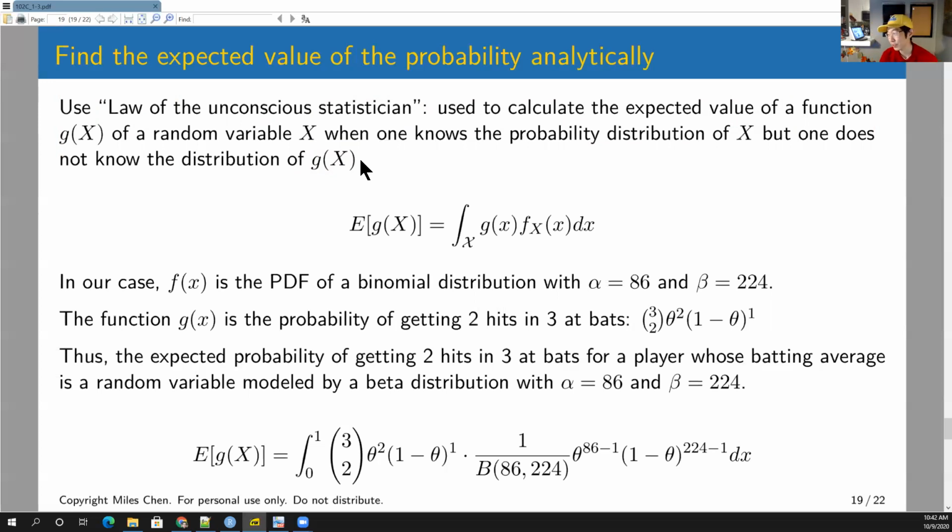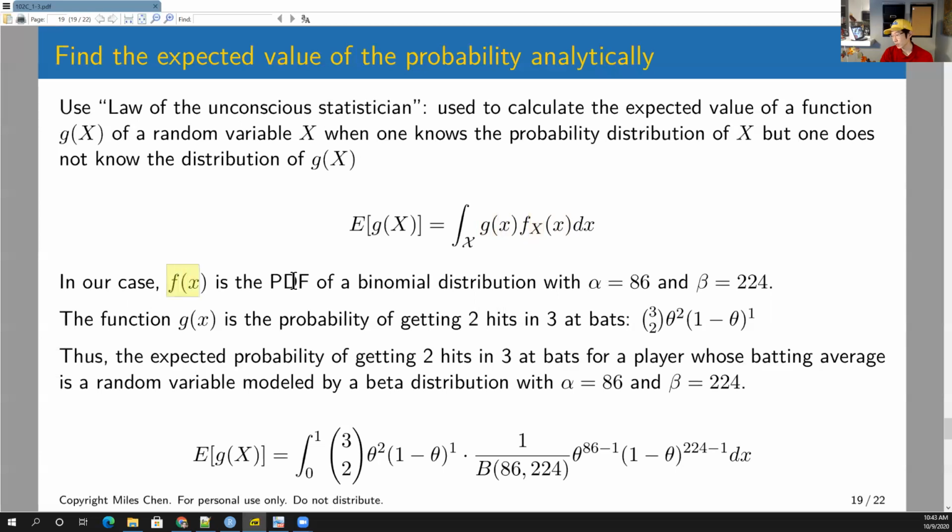If you might know the distribution of a normal distribution, but then you apply a function to it, like you raise it to the 4th power, what's the distribution of that function? I don't know. But the expected value of g of x is just the integral of g of x times f of x, where f represents the PDF.